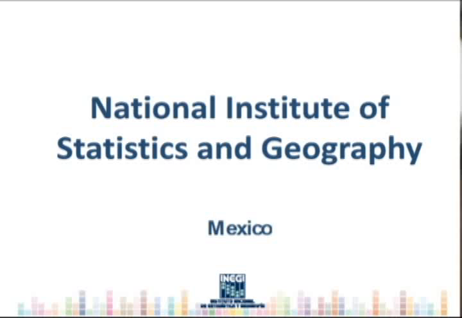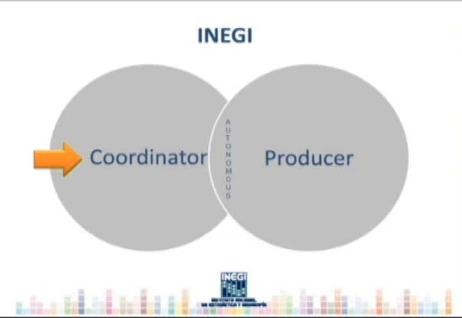This is the presentation, and very quickly let me present what our institute, INEGI, is about. We now have two roles, one as a coordinator of information and one as a producer of information, since 2008, when we gained our autonomy.